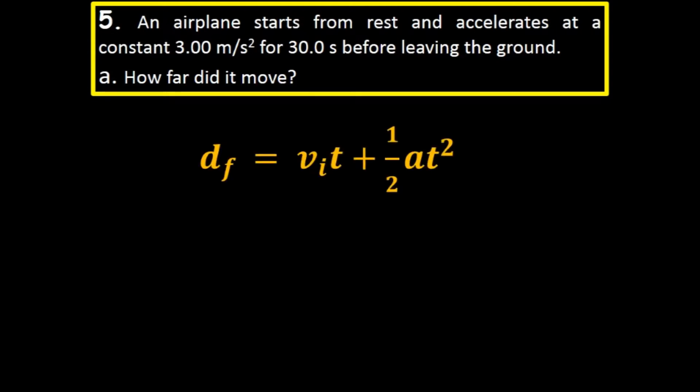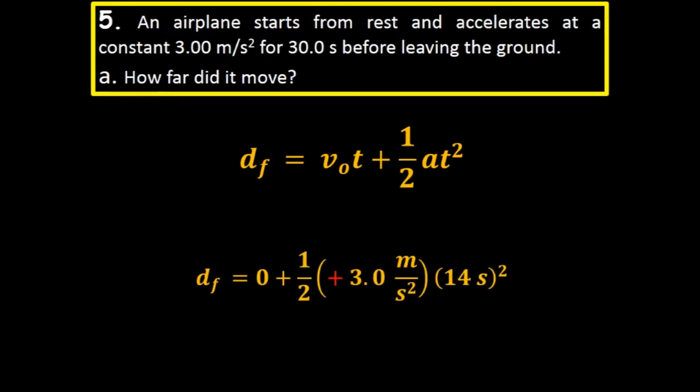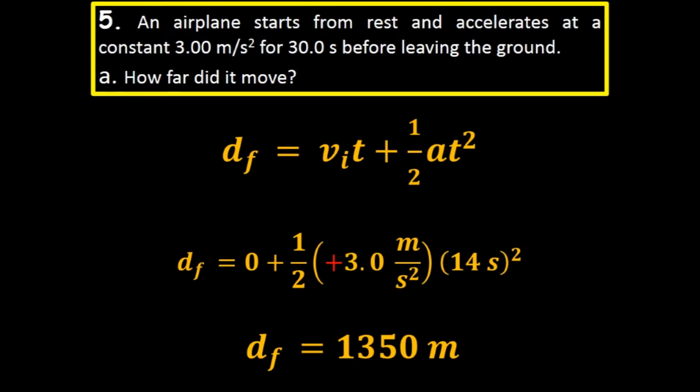That's it. df equals v naught t plus 1/2 at squared. And then plugging into the equation, you get 1/2 times 3 times 30 squared, and the answer to that is 1,350.